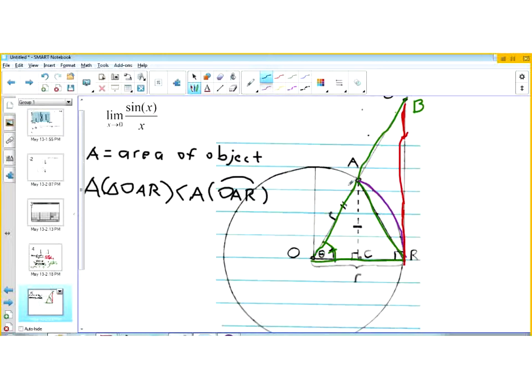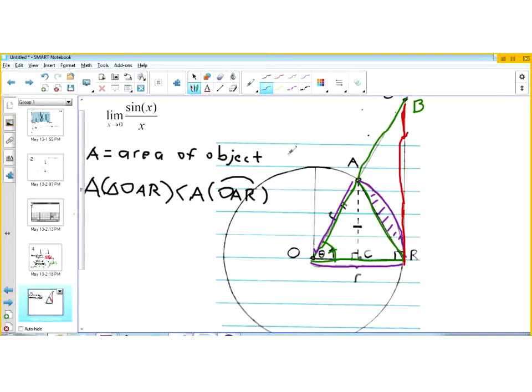Let me outline in purple what sector OAR is. Sector OAR is this object outlined in purple. It's that kind of wedge piece formed by the subtending angle theta. So can you see how the sector has this excess area? The sector OAR is the area of triangle OAR plus this little purple additional excess.